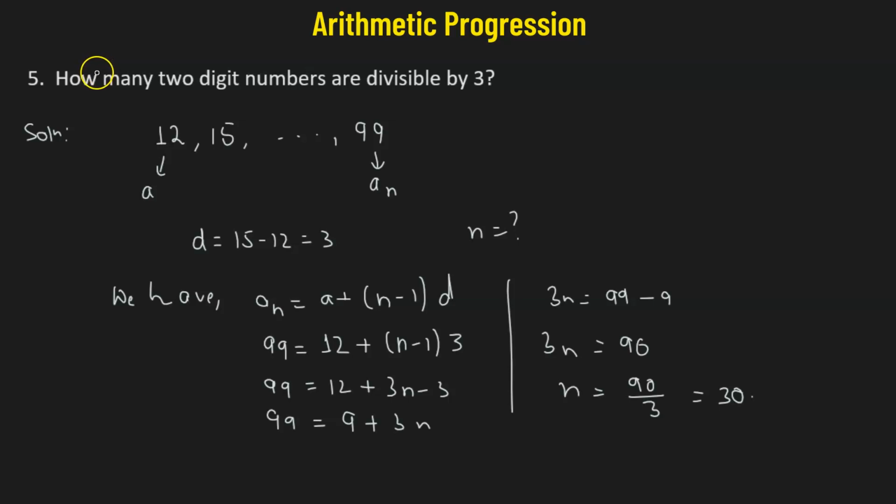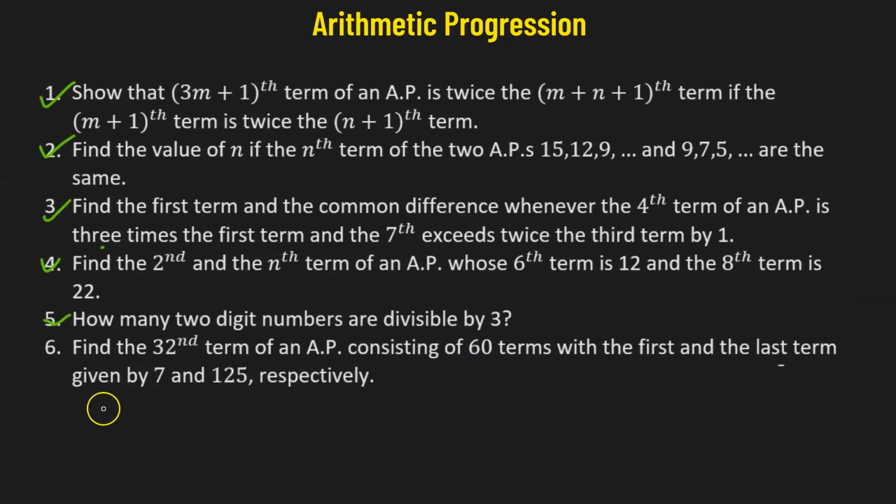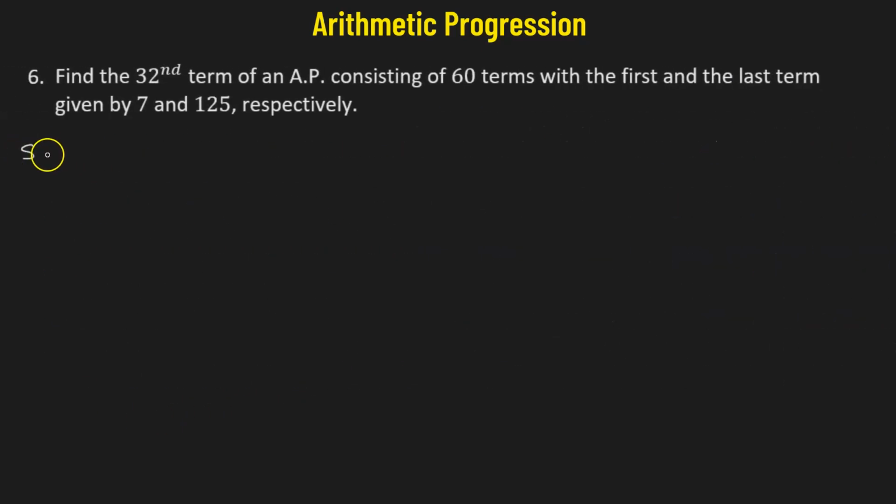Now let's move on to the sixth and the final problem. So in problem number 6, we need to find out the value of the 32nd term of an arithmetic progression which consists of 60 terms, and its first term and the last term are given. They are 7 and 125 respectively. So let's begin. So here we will consider our first term.